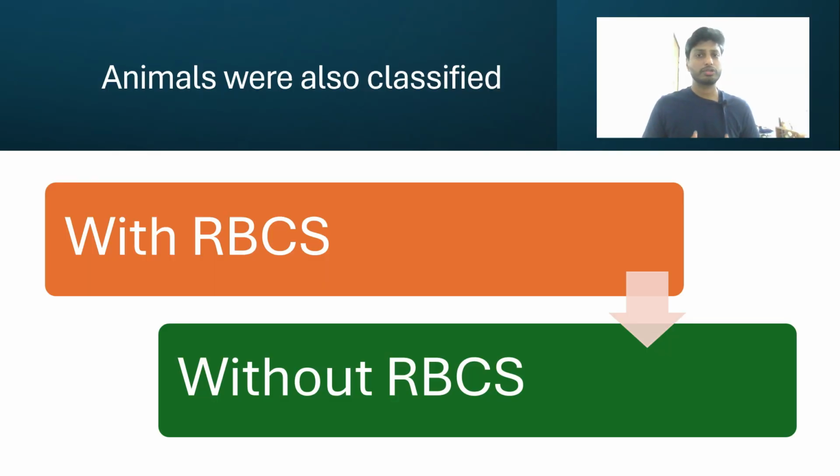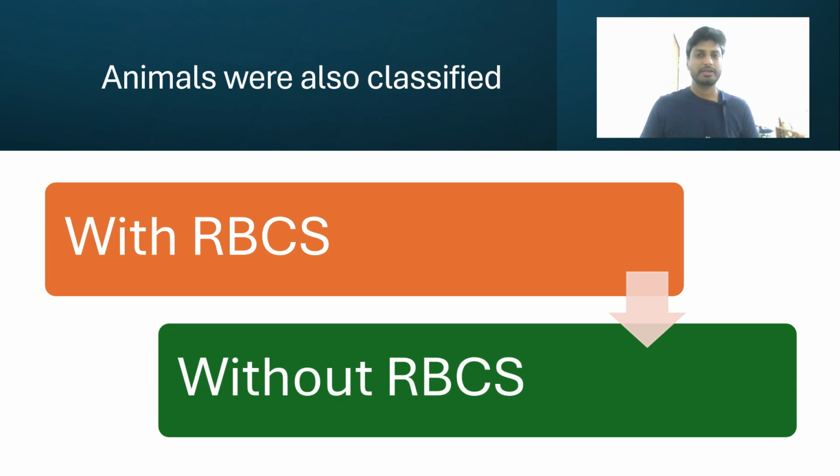Likewise, Aristotle also did the classification of animals. The classification of animals was done based on the presence of RBCs. So dear students, do you all know what RBCs are? If you know them, please mention them in the comments. You can also mention the functions of RBCs in the comment section.